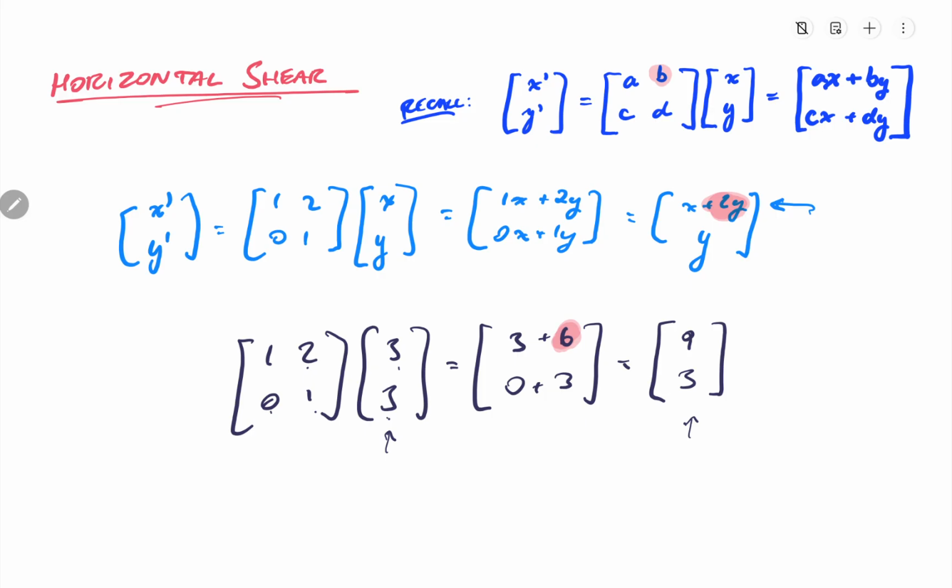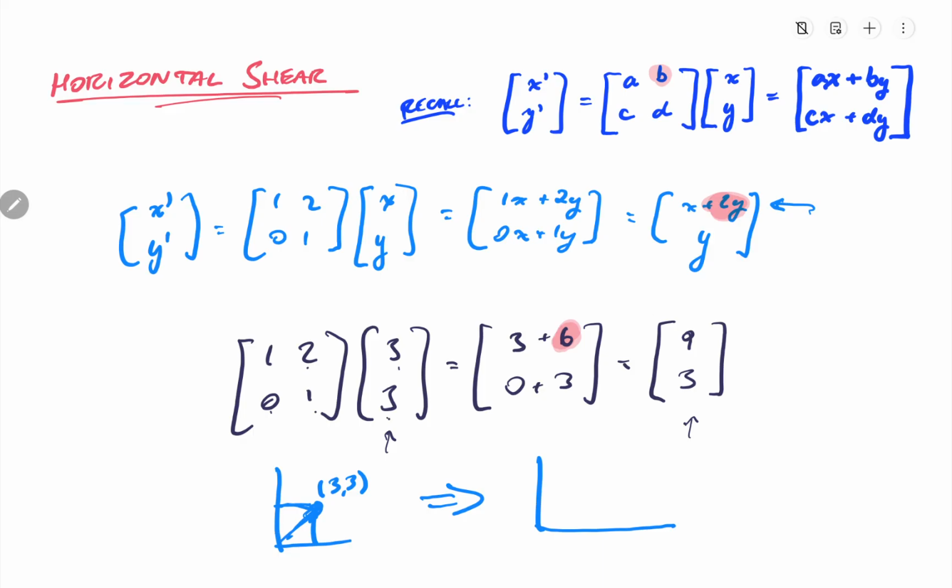What that would look like: we start off with a square at 3, 3, a square constructed by a vector at 3, 3. Let's ignore the square thing for right now.